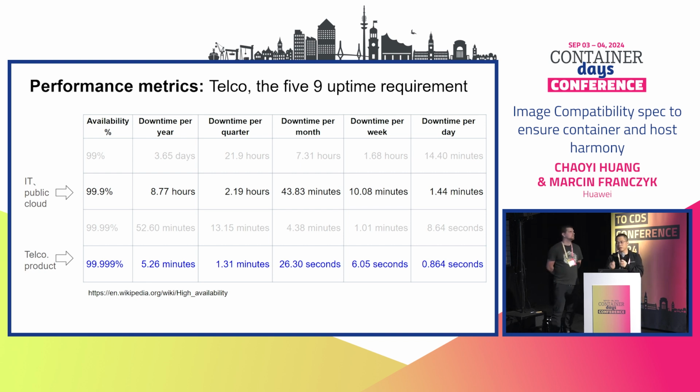Five nines availability means only about 5 minutes of downtime in one year. But usually if there is some failure, it will break that 5 minutes of downtime, so you have to take it very carefully. Otherwise, it will violate the 5.9 service availability.